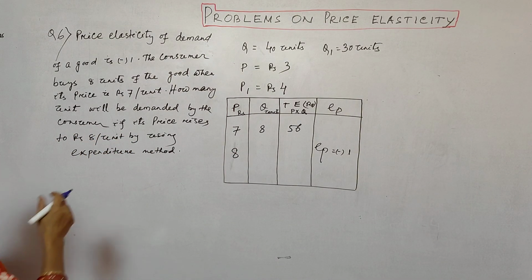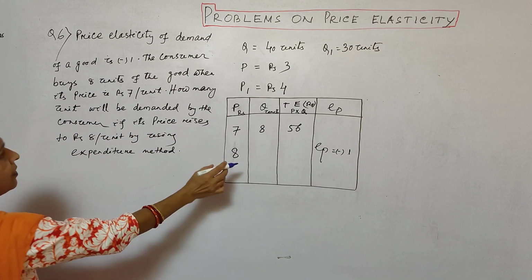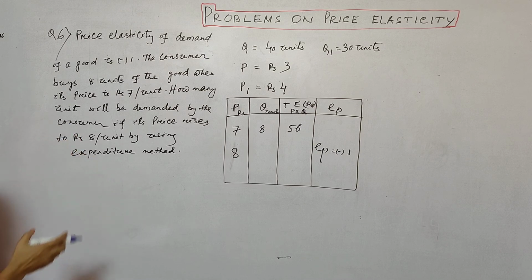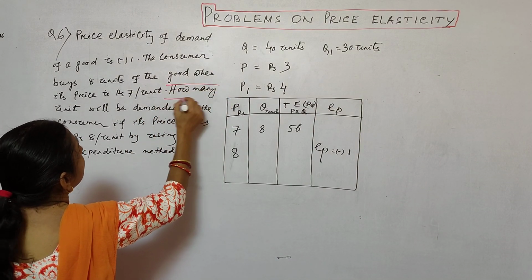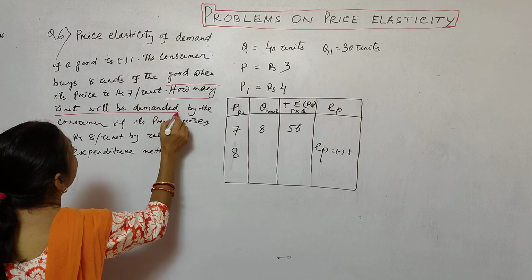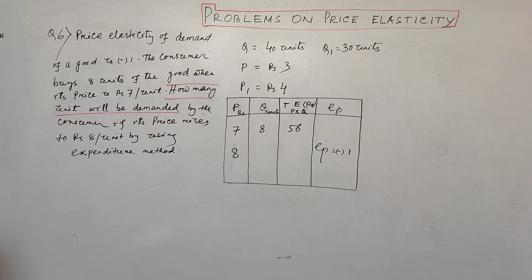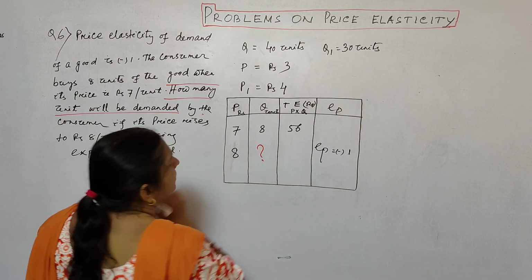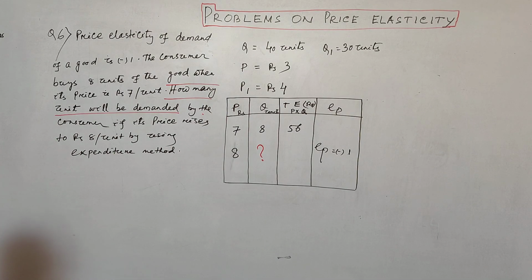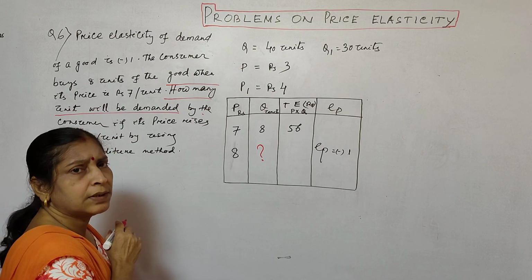They have given us this final price, but they have not given us the final quantity. They have asked this. How many units will be demanded when its price rises to rupees 8? So they have asked this. How will we calculate this portion?